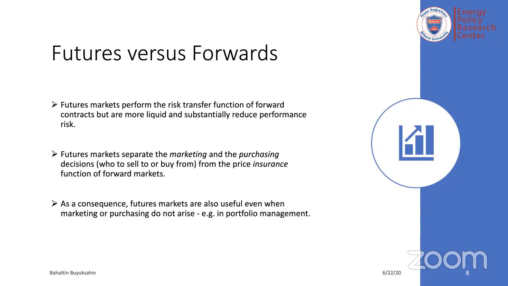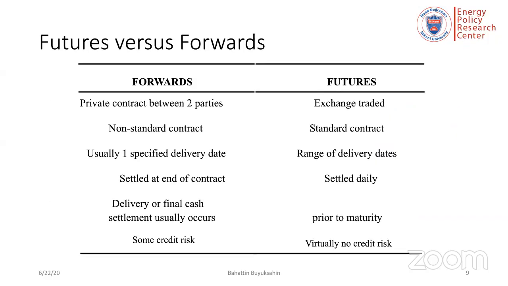You are actually dealing with the clearinghouse. So therefore, you are eliminating the creditworthiness and operational risk so that the clearinghouse takes those responsibilities. As a consequence, futures markets are also useful even when marketing and purchasing do not arise, for portfolio management.